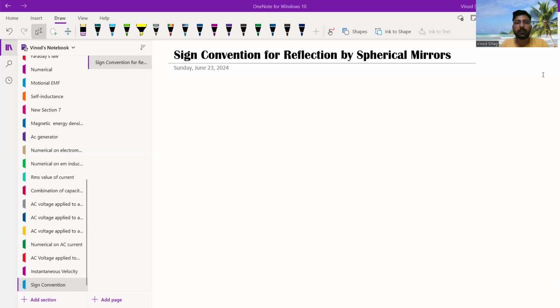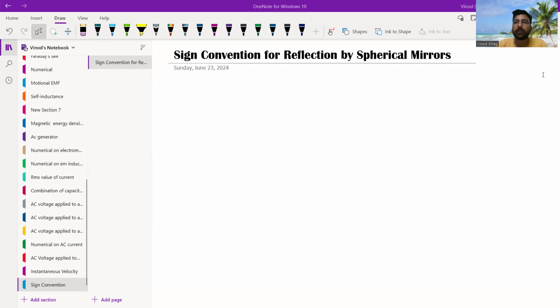So in this lecture, we are going to study sign convention for reflection by spherical mirrors. When we study reflection by spherical mirrors, we should care about the sign convention that we use specifically when we solve numerical questions based on spherical mirrors, like questions based on the concave mirror and questions based on the convex mirror.